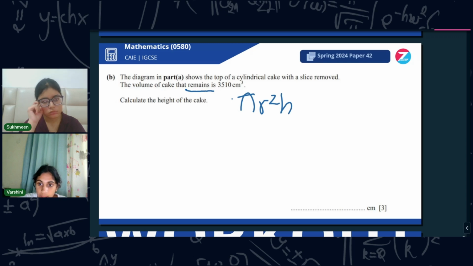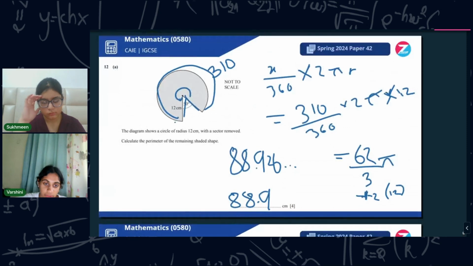We know that we have our angle as 310. And over here we don't want the full cake, we just want the rest of the angle.